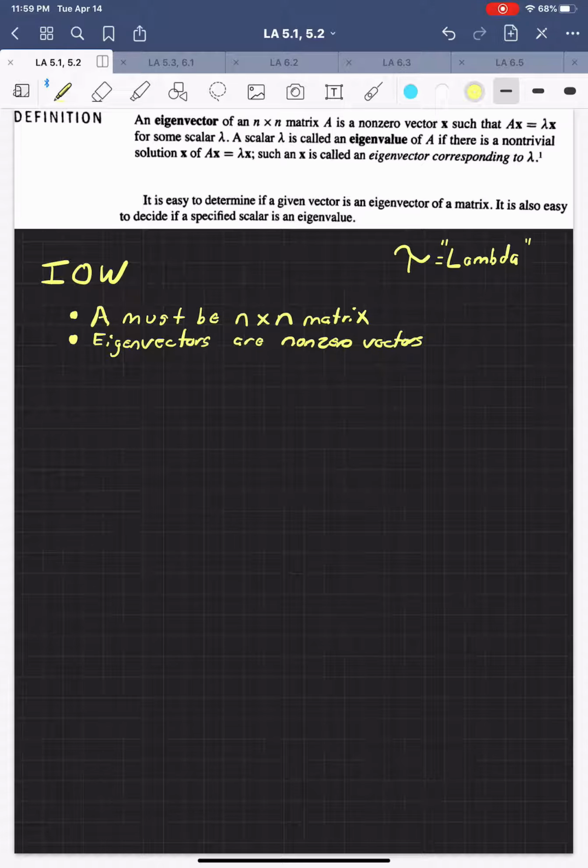Now, let's take a look at that equation. More importantly, that lambda in that equation is a scalar. So let me go ahead and write that. So lambda is a scalar, which we call the eigenvalue.